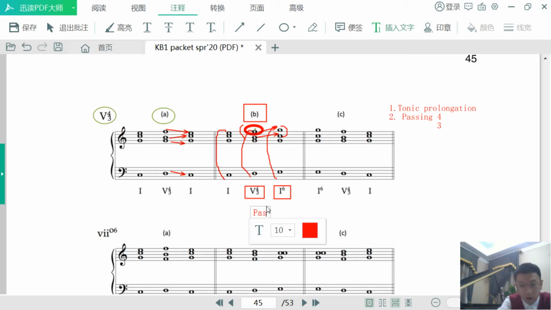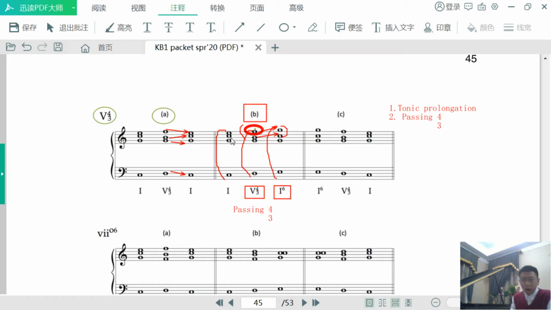I will label it as a passing 3-4, passing 4-3 or passing 3-4, whatever you want. Because if you look at the soprano and the bass, it has the same direction, moving by parallel tenths. Right? So that's called a passing 6-4, passing 4-3.